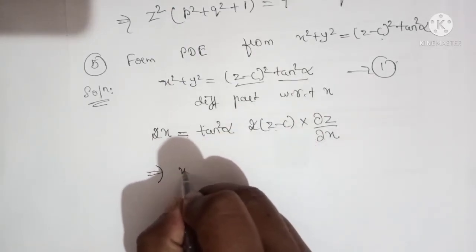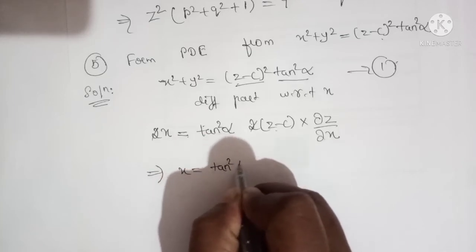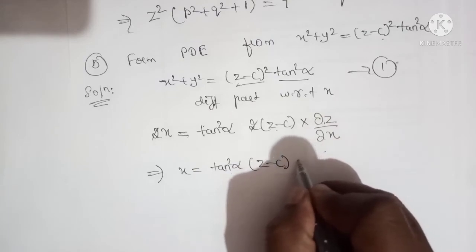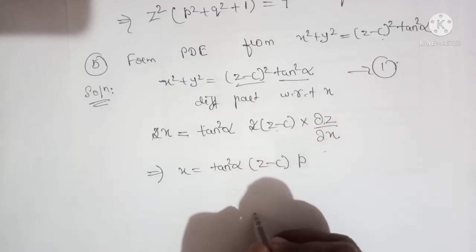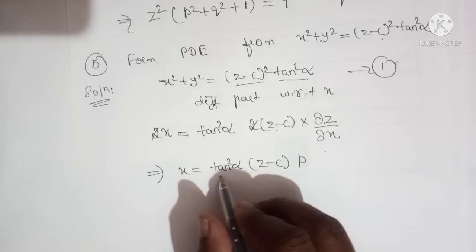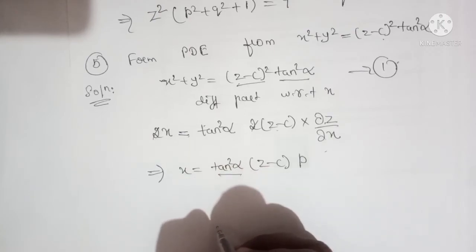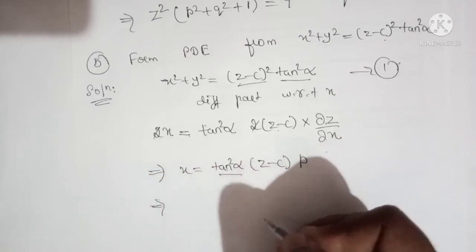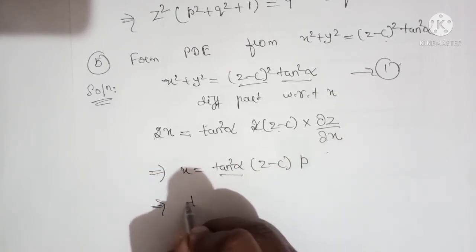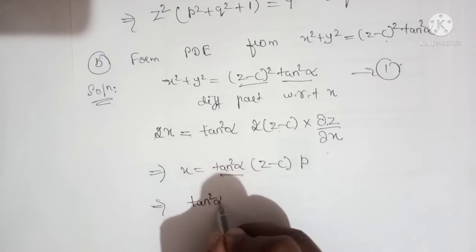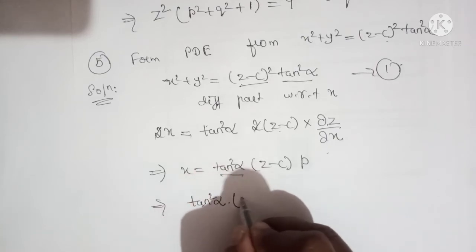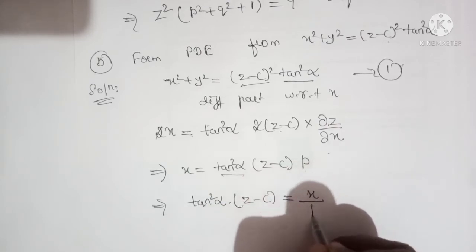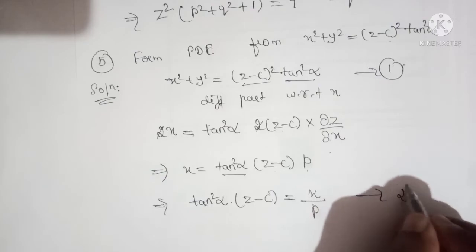We can write x equals tan square alpha (z minus c) into dou z by dou x, whose value is p. Tan square alpha is a constant term, so we separate it. Further simplifying, we write tan square alpha into (z minus c) equals x divided by p. Consider this as equation 2.